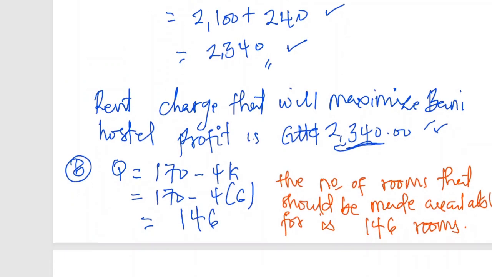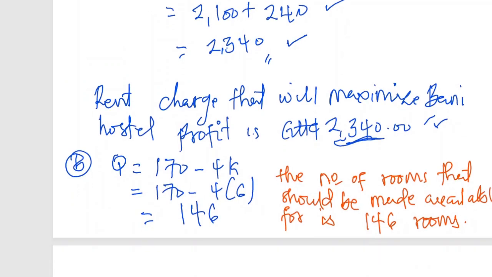The second one is to know the number of rooms that should be made available in order to maximize your profit. In this case, we fix the number of times the price will increase, or the number of times rooms will not be occupied, into the quantity function, which is the number of rooms that should be made available. So you now have 170 minus 4K. Wherever we see K, we put 6 there.